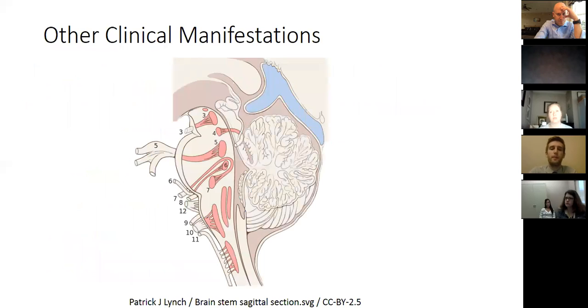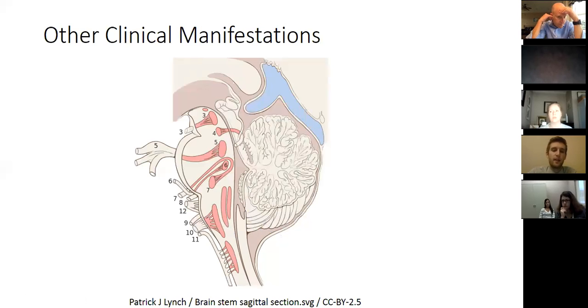So, other clinical manifestations of Chiari malformation. In this image depicted are the cranial nerves that extend out from the brain stem and above. And you can see in this area, right below the cerebellum is where the foramen magnum is in most normal anatomy.